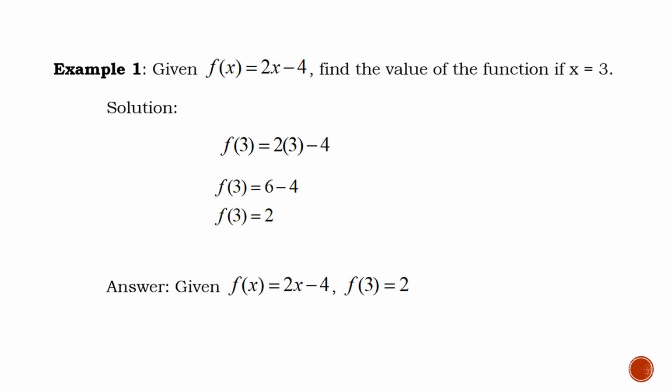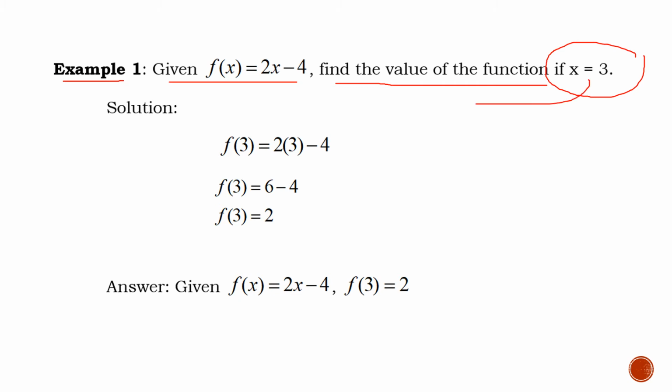So for the first example, given f of x is equal to 2x minus 4, find the value of the function if x is equal to 3. Now, there are two things that we need to do. We simply substitute the given value to the variable in the given function, then follow the operations.